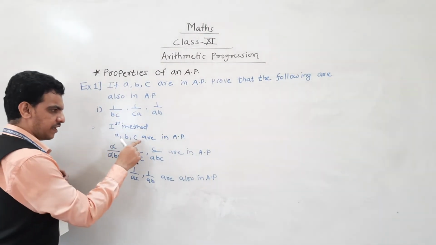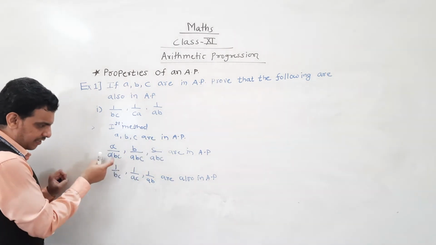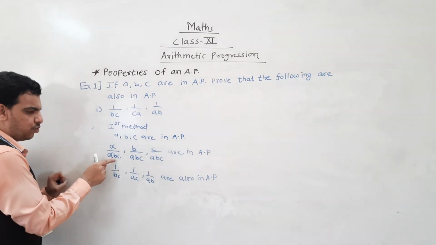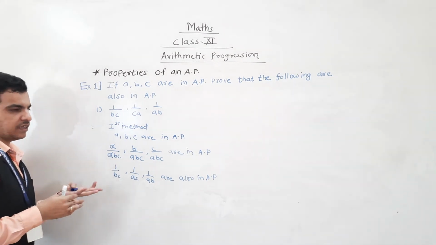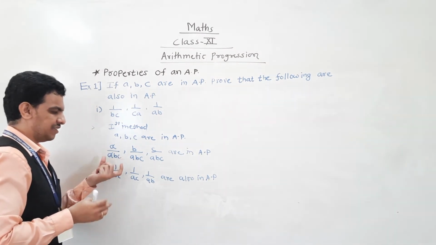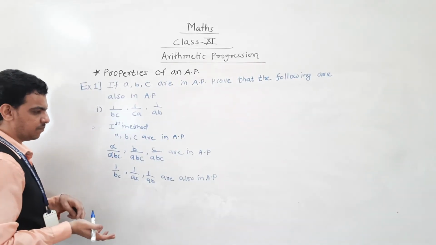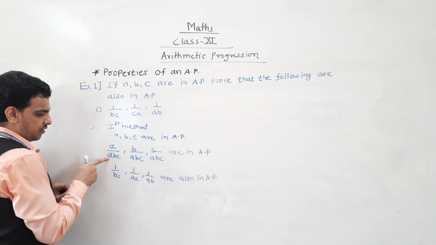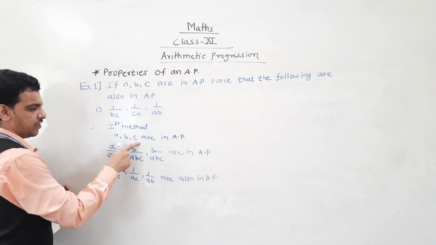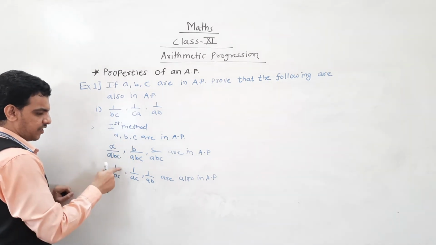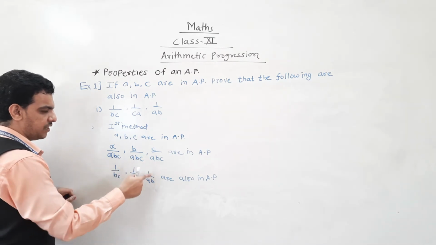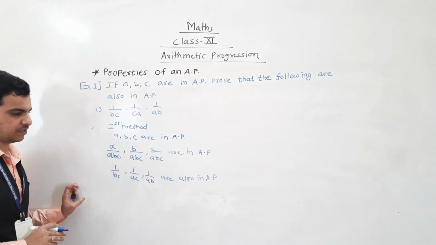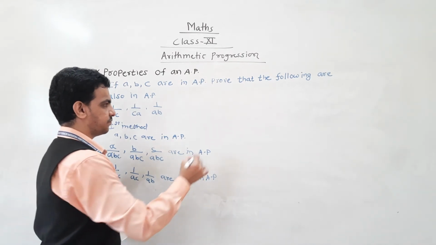If a, b, c are in AP, we can divide by abc, that is any non-zero constant, and the resulting sequence is also an AP. So I am dividing each term of the AP by abc, and we will get these terms 1 by bc, 1 by ac and 1 by ab. So these are in AP. Okay, so this is the first method.